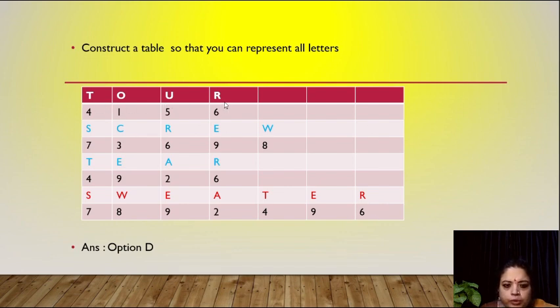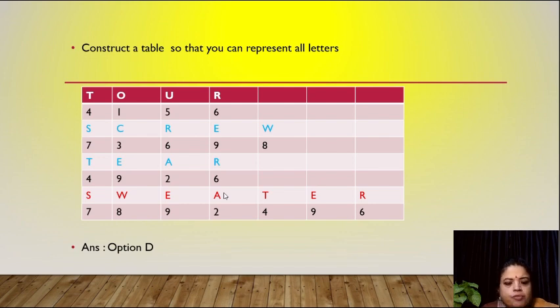So tour you represent here, and the number given for tour is 4156. Then we have screw, S-C-R-E-W, and the numbers allocated below it, 73698. Then we have the other word tear, which has been allocated the number 4926. So you write below each and every word the numerical digit associated with it.